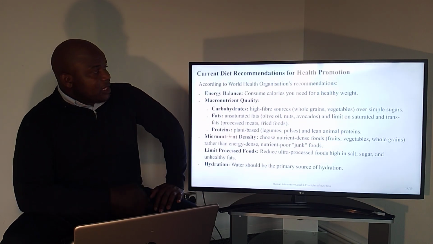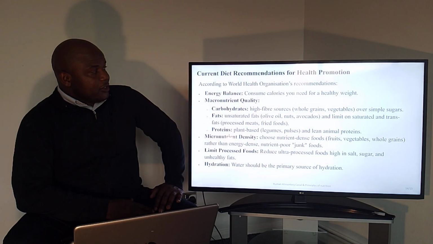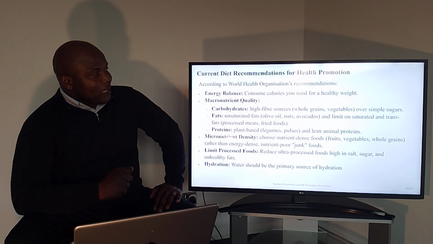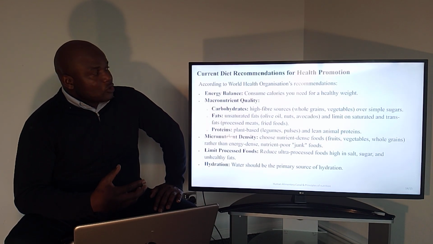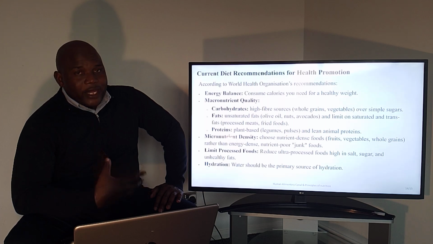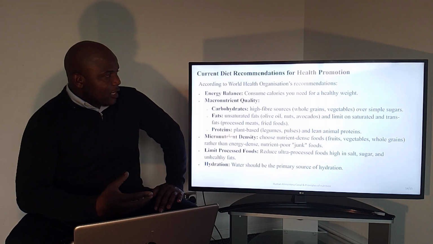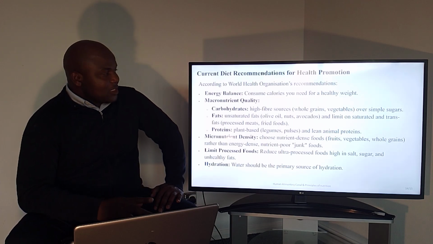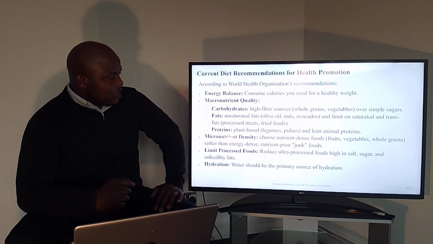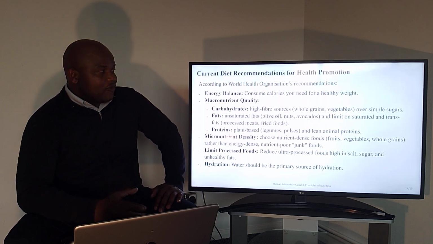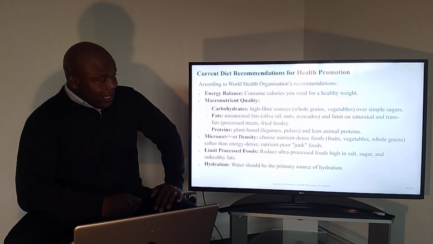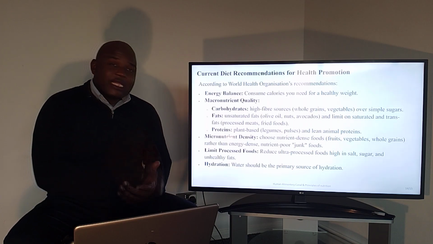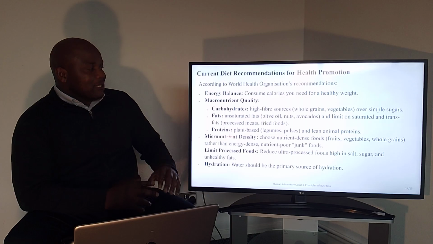The current recommendation from the World Health Organization is consuming calories that correspond to your healthy weight, so that you don't have excess energy, excess calories that you store within your body. Micronutrient quality: the carbohydrates, sourced from high fiber grains, whole grains, vegetables; the fats, unsaturated fats, be it, as we mentioned earlier, olive oil, avocado, nuts, those are good fats.